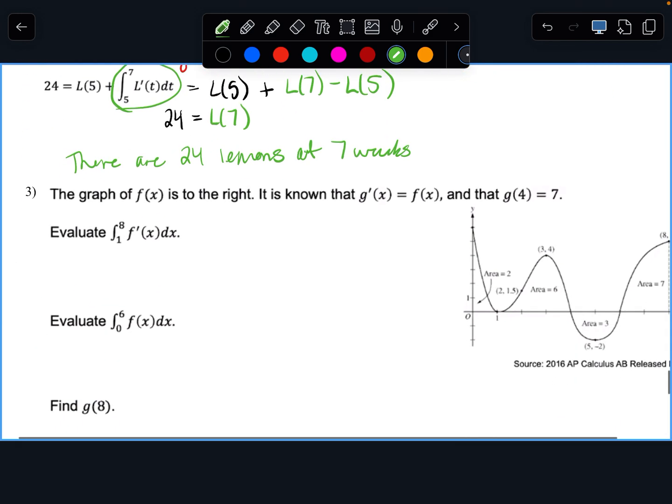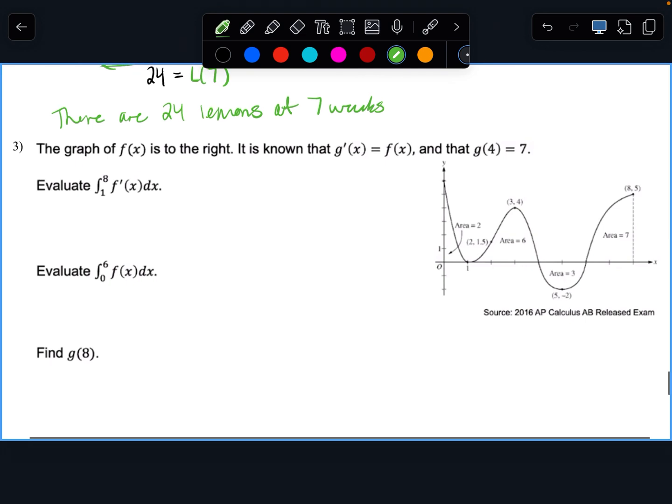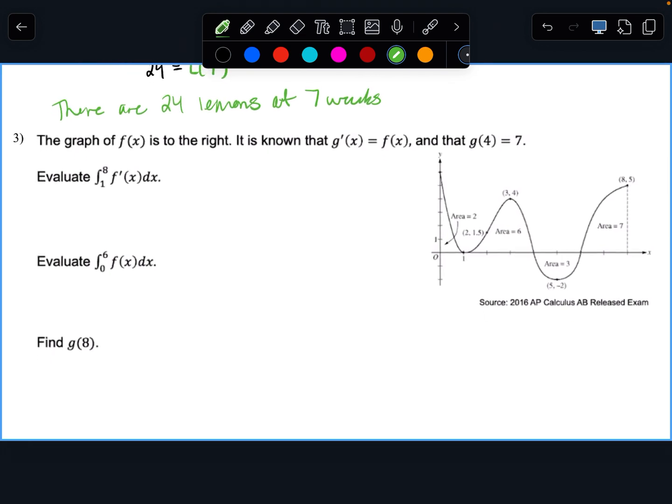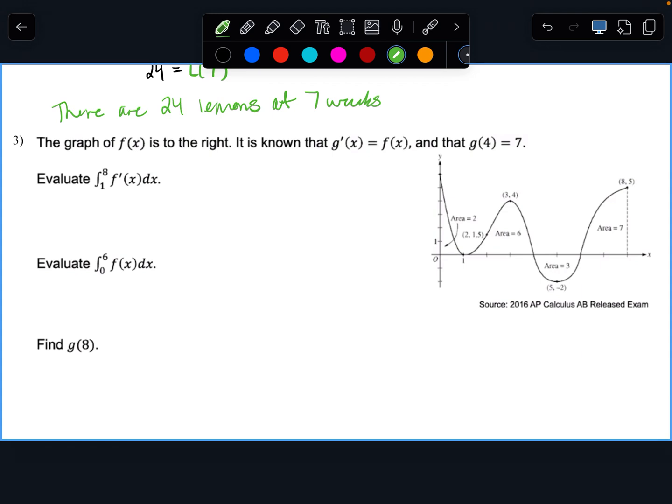Then again, all this stuff is practice with it. So here we have f of x to the right. It's known that g prime equals f. So usually what I do is I label it on the graph, so I don't forget what's going on. And then we're given an initial condition of where to start.